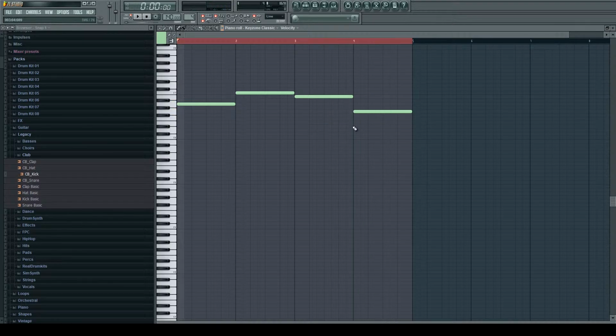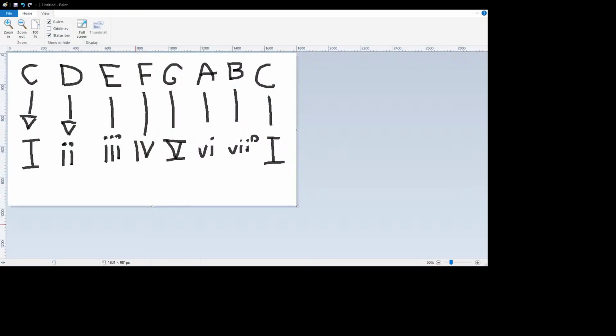Now from there, it's up to you what chords you will decide, as long as it is within the scale of C major. So what we have here, if you go to the FL Studio, we have an A note, a C note, a B, and a G. We have an A, a C, a B, and a G.